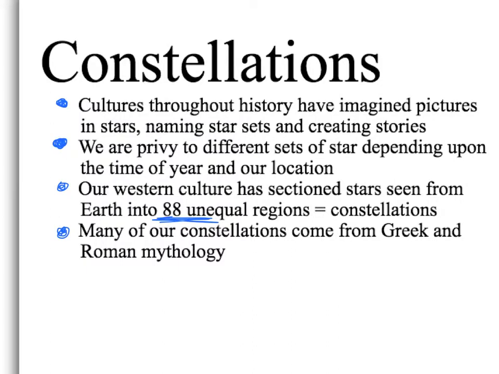Our nighttime skies will show different sets of constellations, so those change throughout the year. What constellations you see also changes by what we call latitude, our location on the Earth, which I'll talk about in a slide coming up. That also means you'll see a different set of constellations.